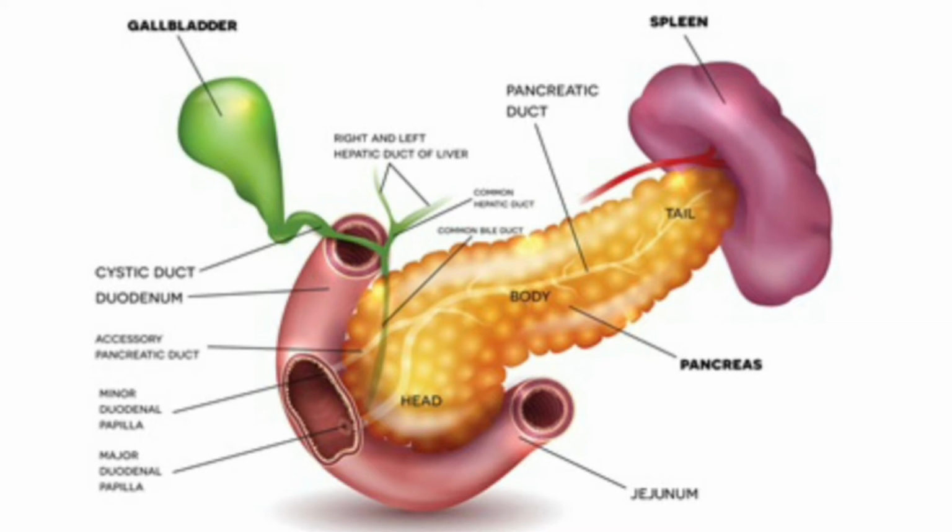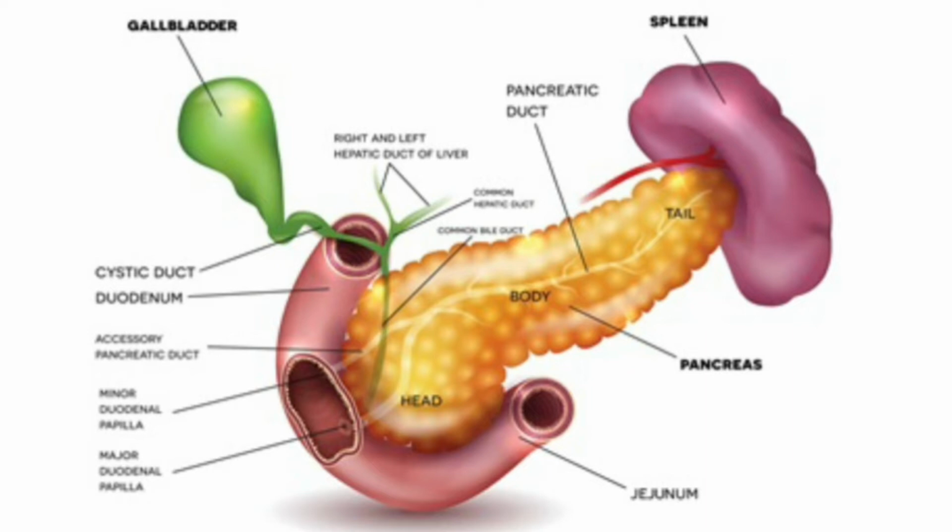So if the blood glucose level is higher than normal, it is called diabetes mellitus. These are the functions of the pancreas, that it secretes insulin and regulates the amount of glucose in the blood.